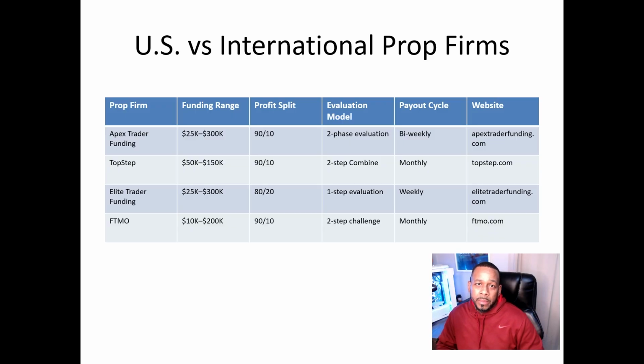So you don't have to go through the paper route, then the funded route, and then start getting paid out. You can pass the first evaluation, and they pay out weekly. So again, if you're looking for funds quickly, that's the best way to go.